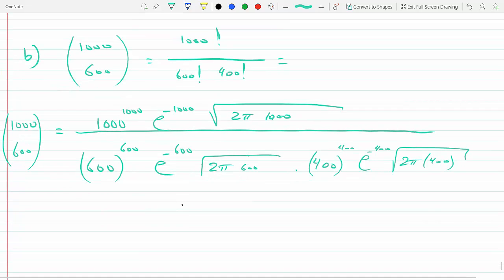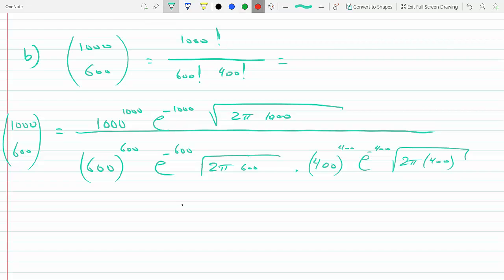Okay, let's see. Here we might need to consider another approximation, but let's see if we can get away without it. We have some very large numbers and none of them add up, correct? Or they actually do.